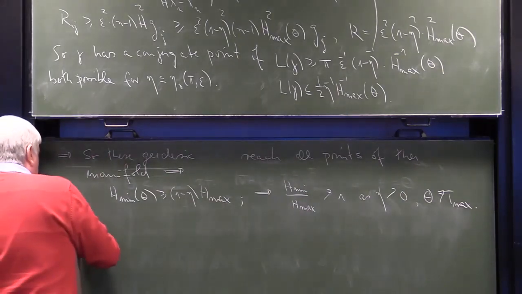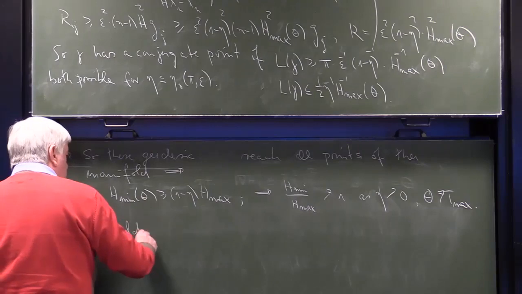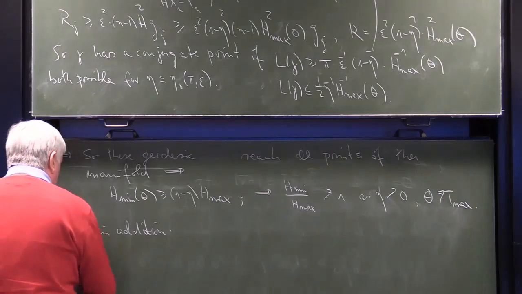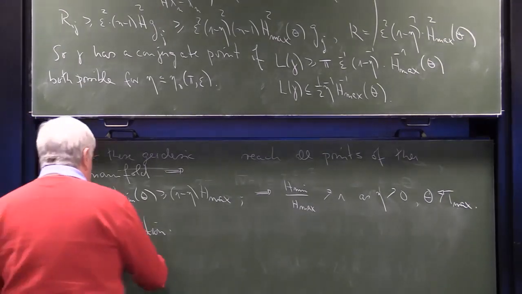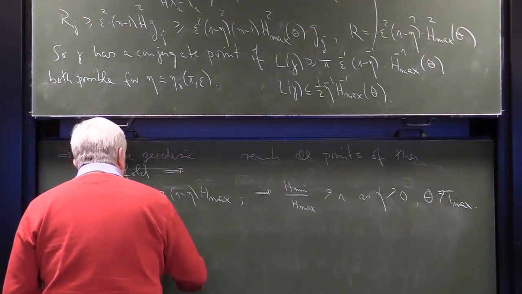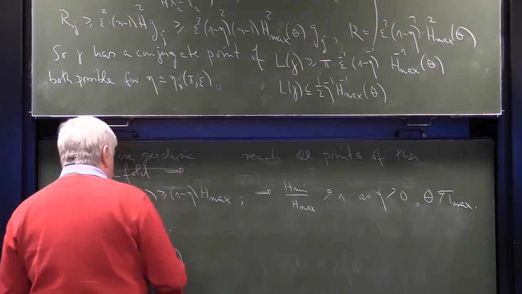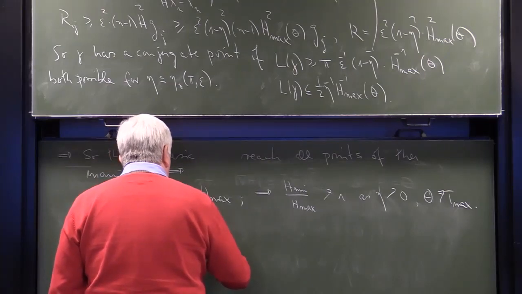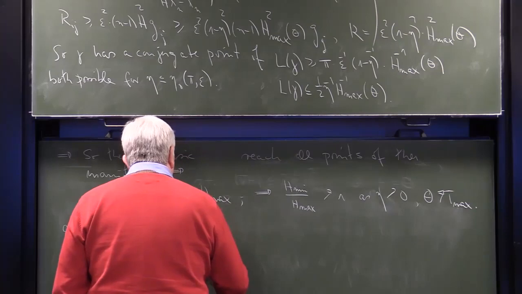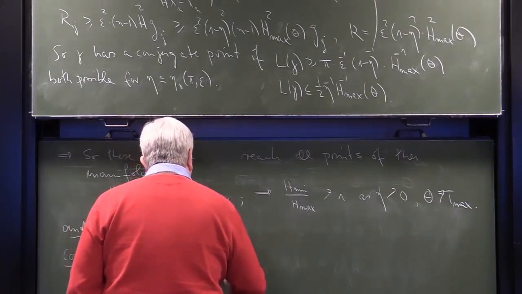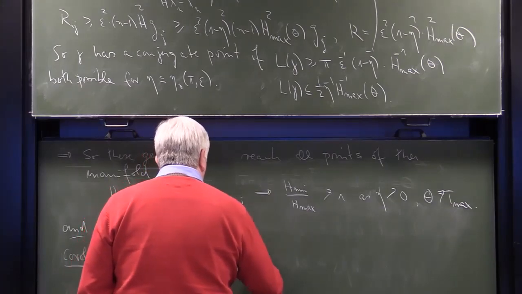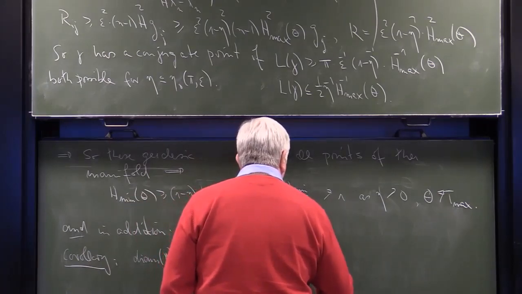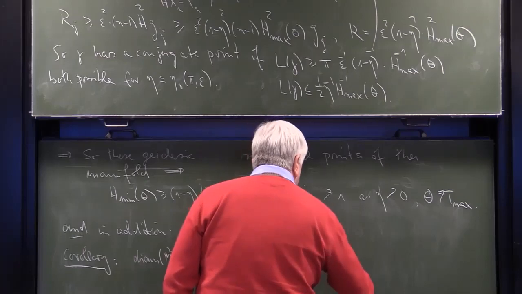And in addition, we get a corollary that the diameter of M at theta is less than a constant divided by h max at theta, for theta bigger than some theta 0 less than T max.